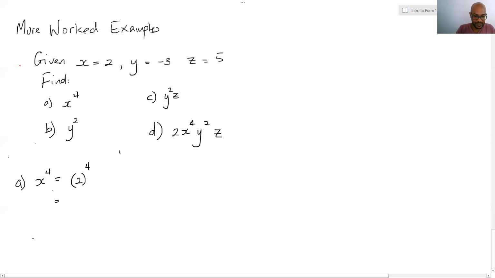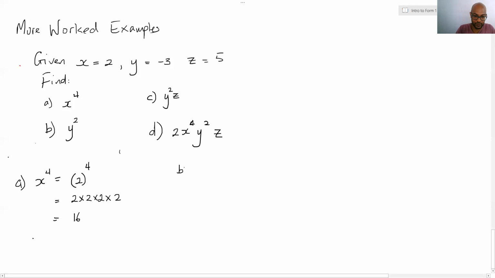So 2 to the power of 4 is 2 multiplied by 2, multiplied by 2, multiplied by 2. Just work from the left. 2 2s are 4, 4 2s are 8, 8 2s are 16. So x to the power of 4 when x is 2 gives us 16.